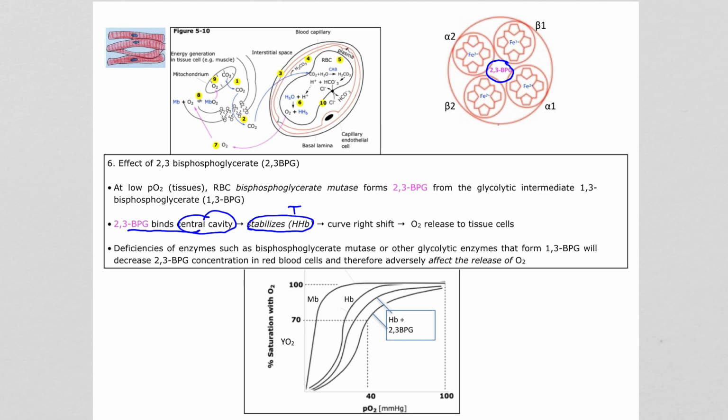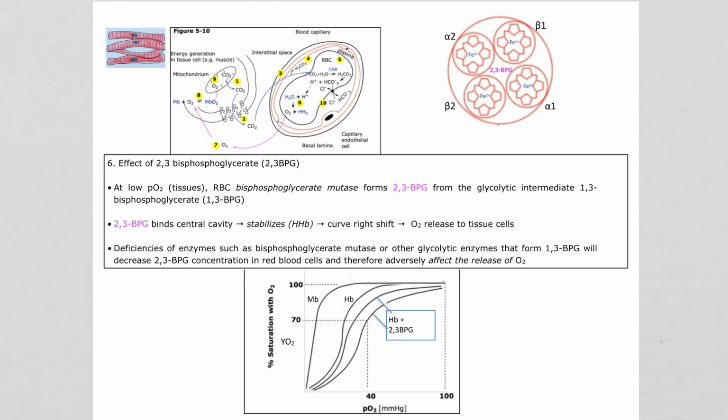And this once again causes the curve to shift to the right. That means the affinity of hemoglobin for oxygen goes down, oxygen is released from hemoglobin, and that oxygen will then get into the muscle tissue.